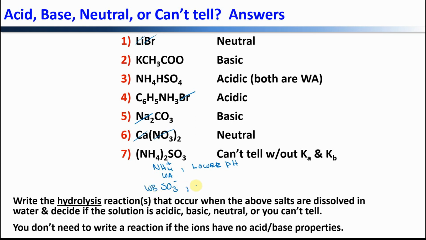That is why this would raise the pH. That is why we need to know the Ka or the Kb to decide. So in this case, I would need to know the Ka for ammonium and the Kb for SO3 2 minus, and whichever one is larger is going to be the dominant thing, the thing that's going to have the most impact on the pH.